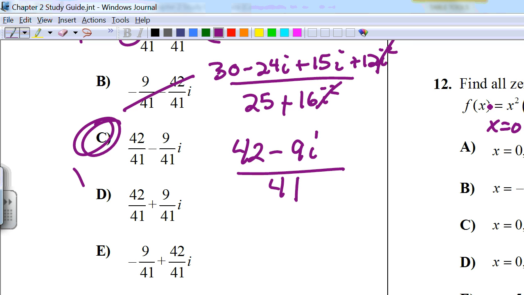So we have 2, negative 5, and 0. We got to have 0, so it can't be this one and it can't be this one. Find all zeros. We have 0, negative 5, 2.